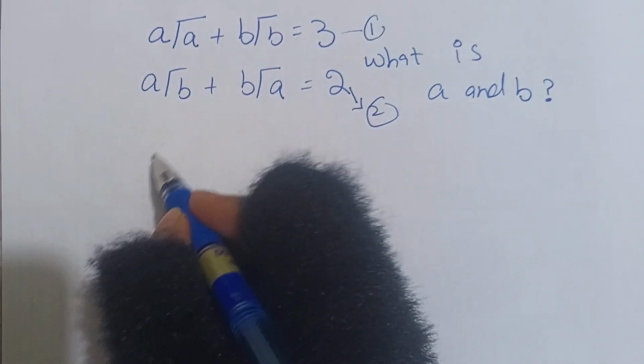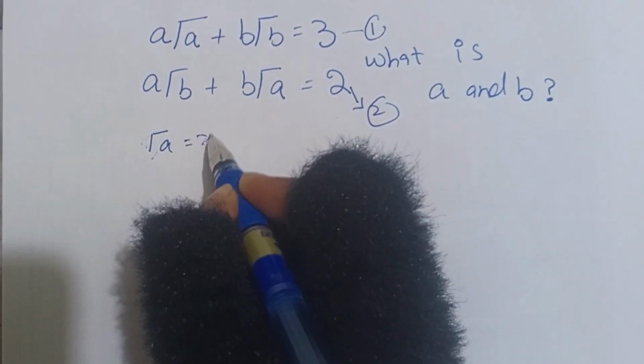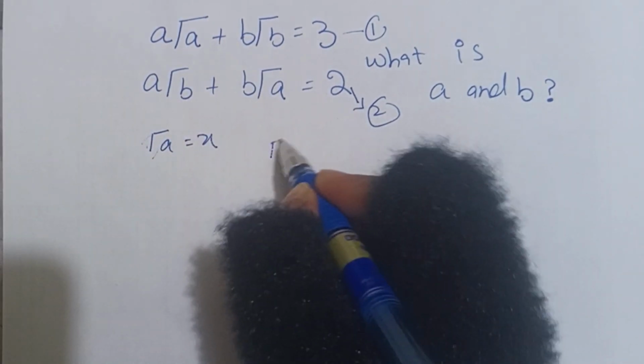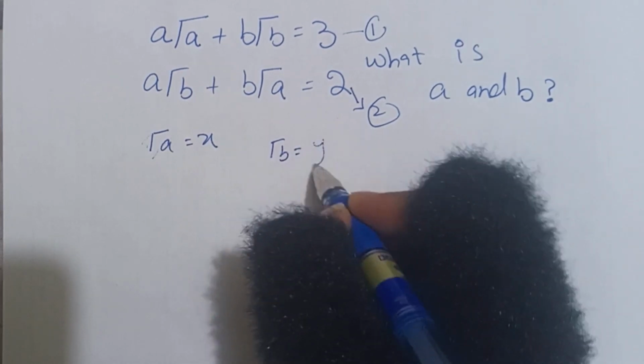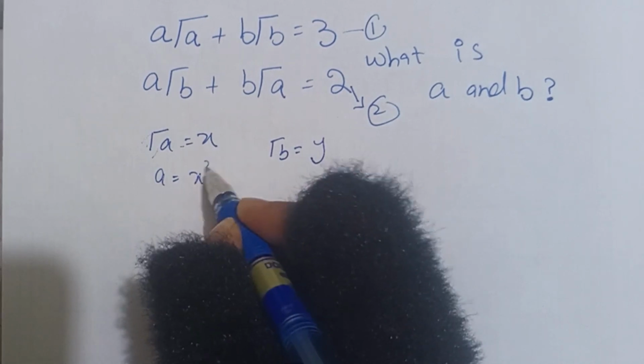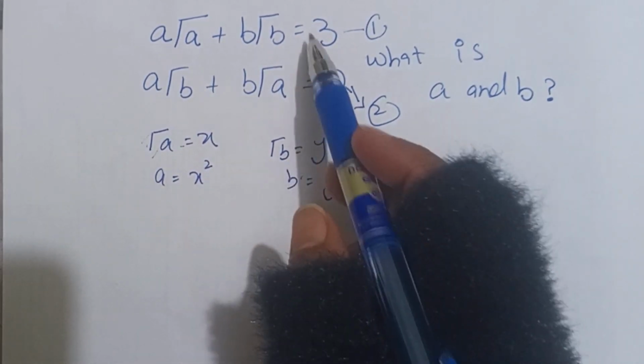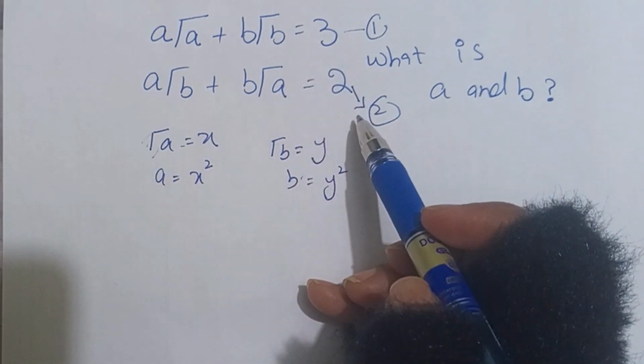So let's start. First of all, let square root of a be equal to x and square root of b be equal to y. So this implies that a is equal to x square and b is equal to y square. So we substitute this value in equation 1 and after that in equation 2.